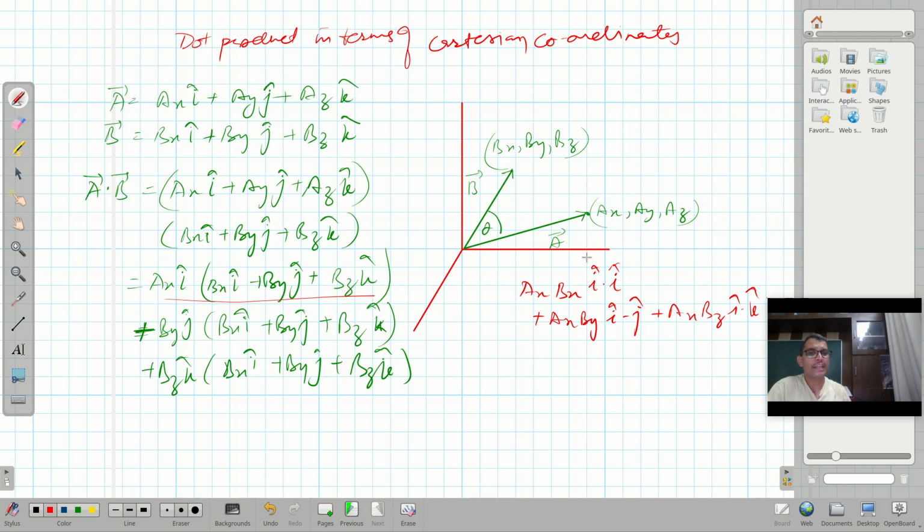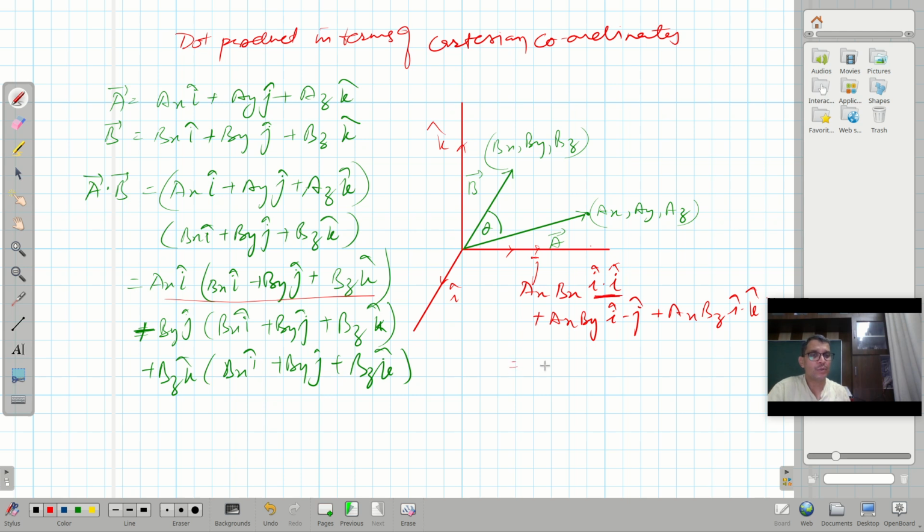So what is the angle between, because i cap is along the x-axis, this is i cap, this is j cap, and this is k cap. These are along the three mutually perpendicular directions. So what is the angle between i and i?